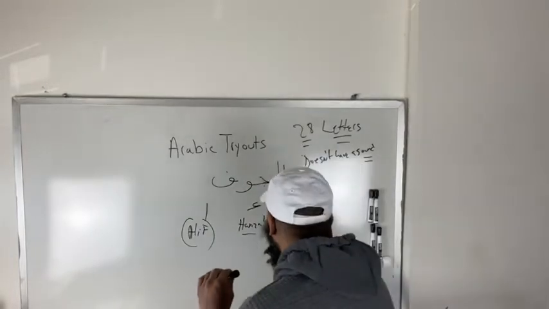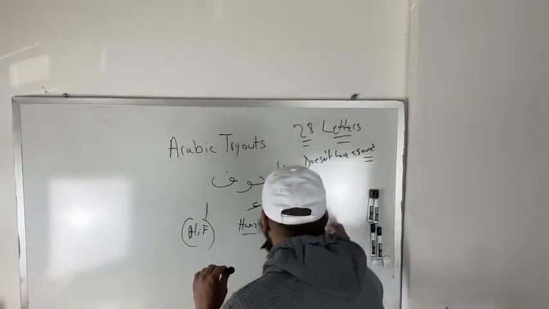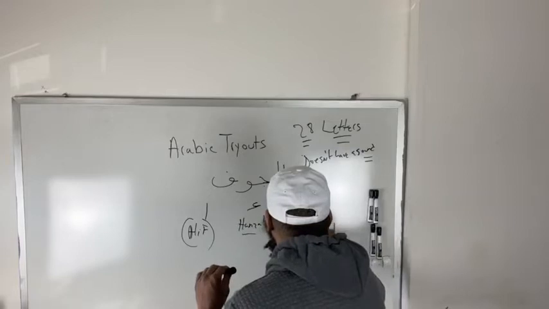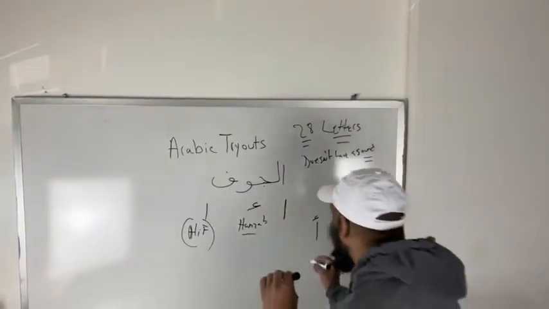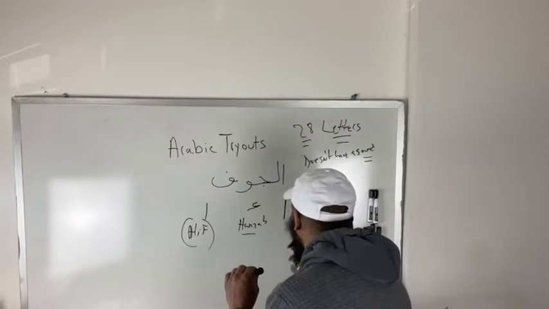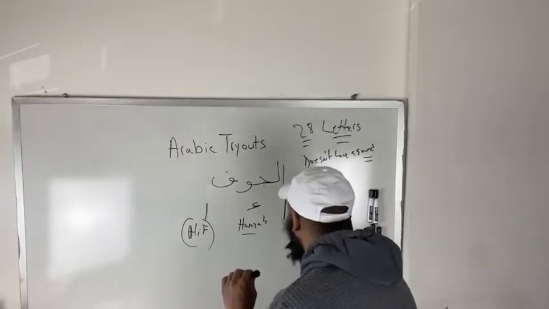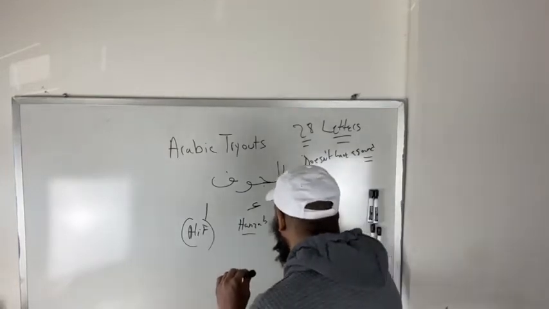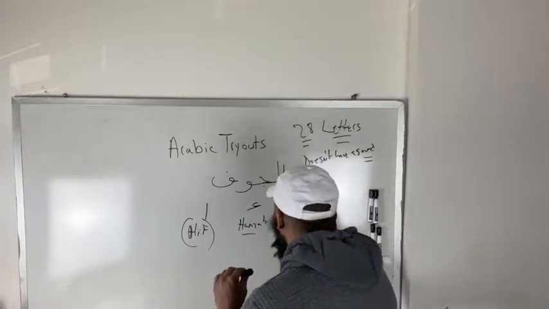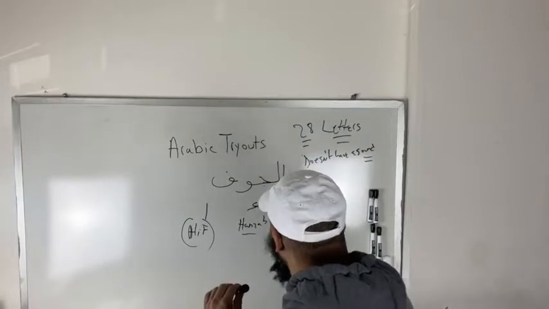So we have Aleph, and then you might see another Aleph with a Hamza on top, all right? Or you might see a Waw with a Sukoon, right? Or Hamza, okay?